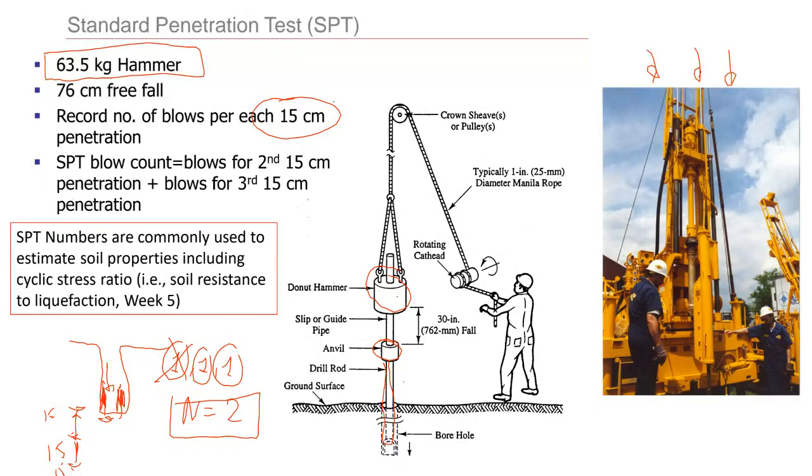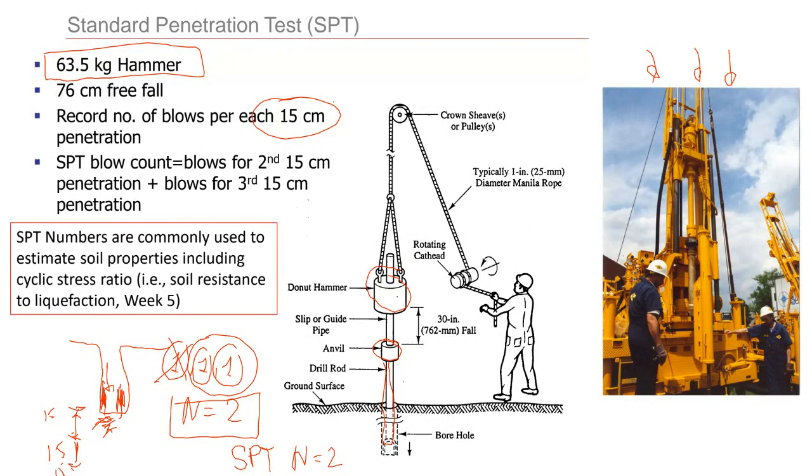So it's not going to give a good indication of the strength of the natural undisturbed material. So we just disregard it. We just count these two and put them together. 1 plus 1 is going to give you 2 blows. So that's what we need, and this is what we call SPT N number equal to 2.